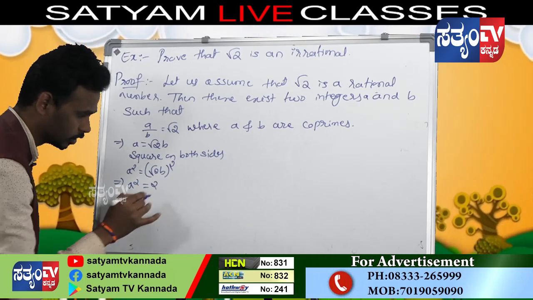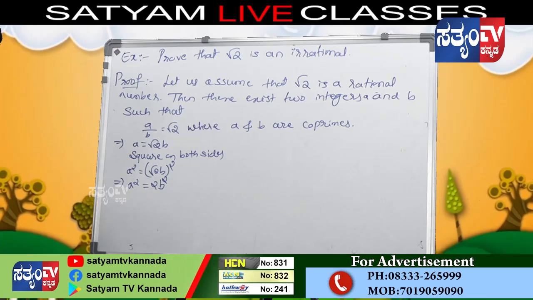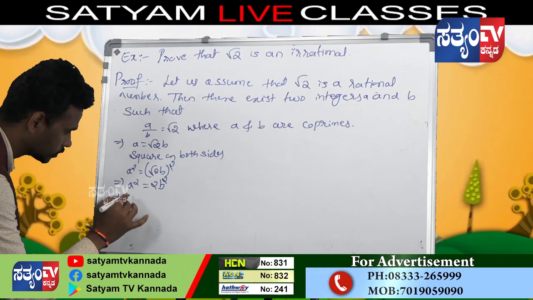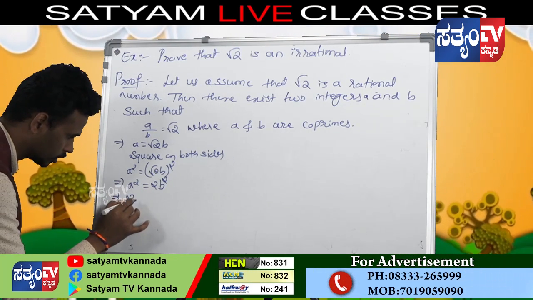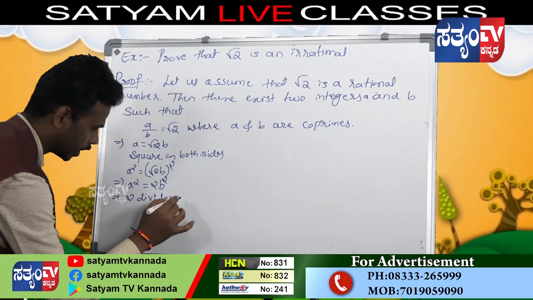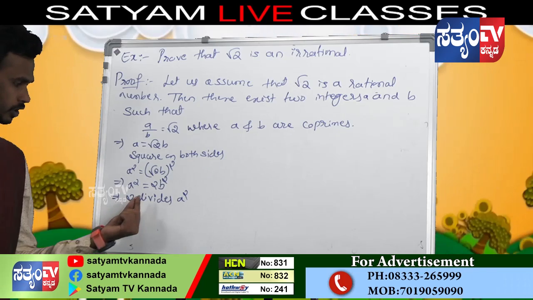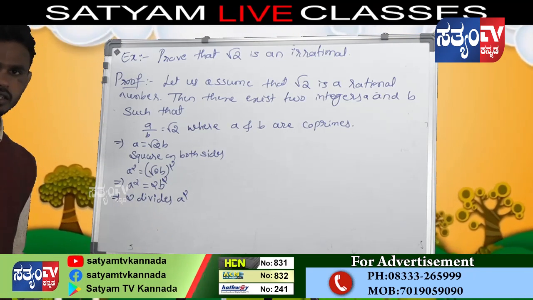Square of root 2 you will get 2, and this one is B square. So this implies now what we can write here? 2 divides A square. You may ask, how 2 divides A square.